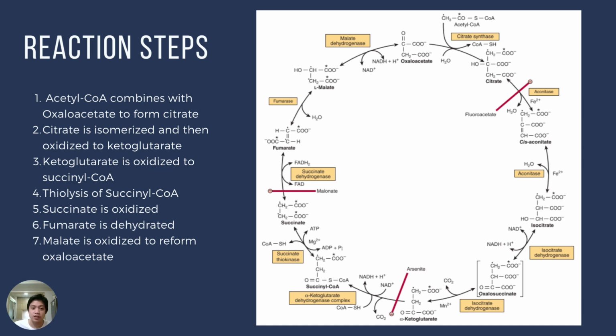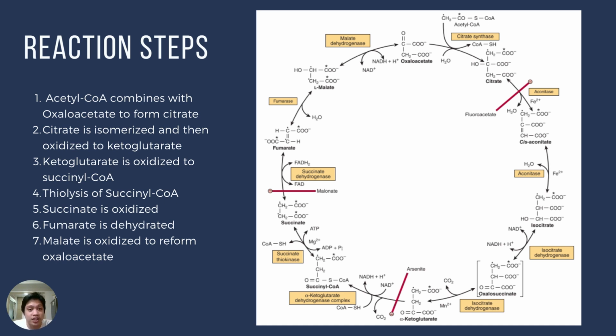Then the next step will be to again oxidize succinate. That is through a dehydrogenation reaction, but this time, the participating reducing equivalent is not NAD, but FAD. So at this step, you will produce reduced FAD or FADH2. This step is very important and very unique because, even if it is a part of the Krebs cycle, it is at the same time a part of the electron transport chain, which we will discuss later on.